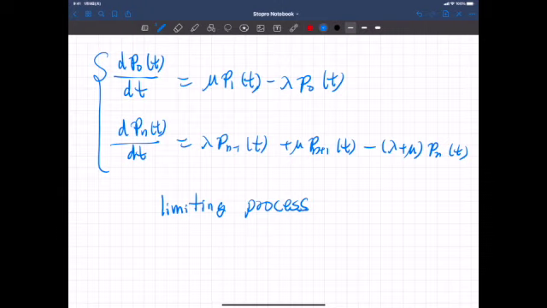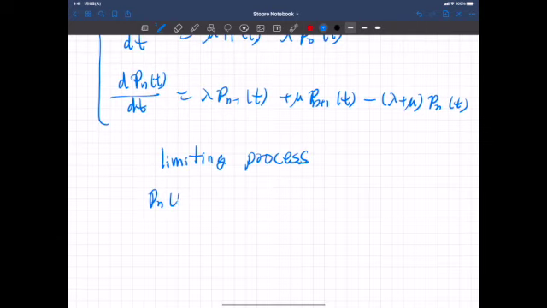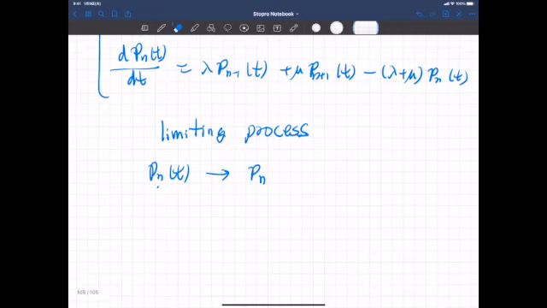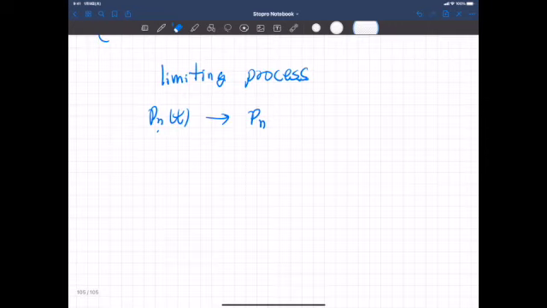In the limiting process, we assume that these probabilities p n of t will reach some limiting state. So that means this converges to some constant. Let's fix n and take t to infinity. Then we assume that this converges to some constant.